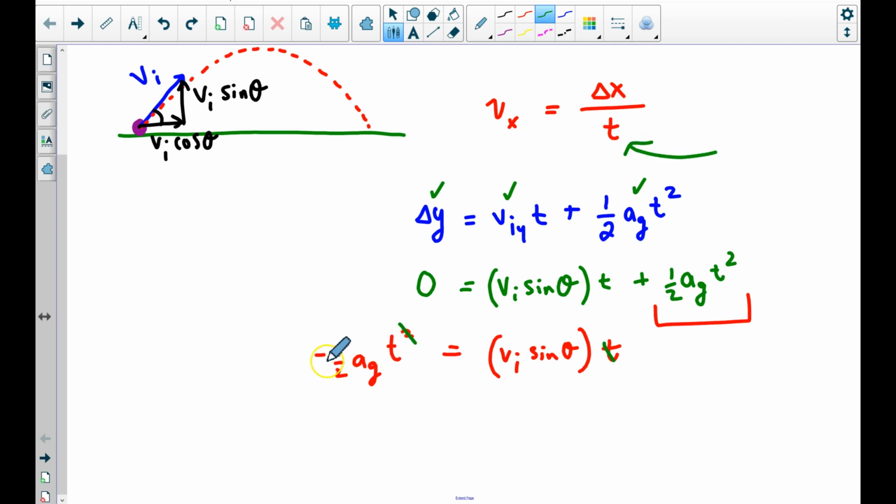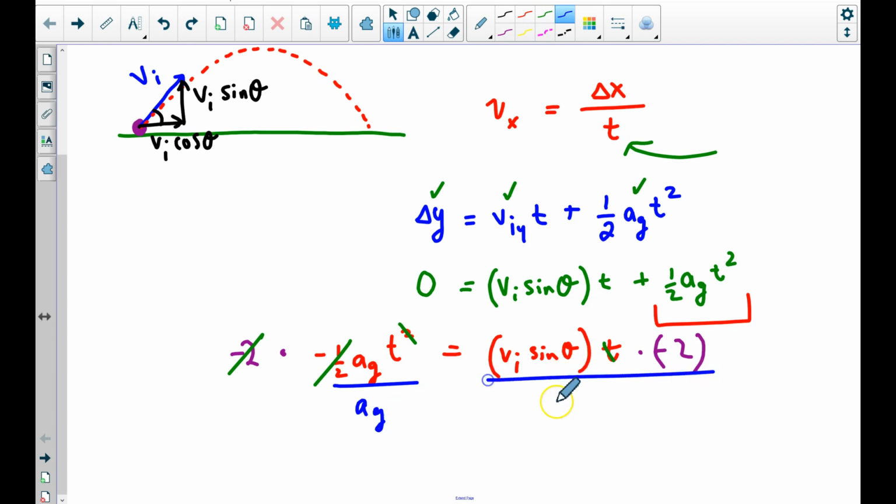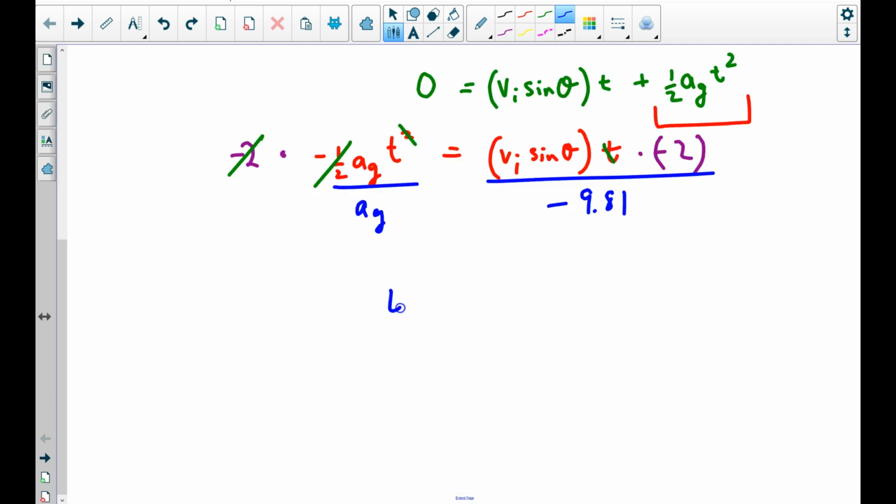So to isolate t, we have to get rid of these things. So I'll multiply both sides by negative 2, and that cancels out my negative 1/2. And finally, I'll divide both sides by the acceleration due to gravity, which we know is negative 9.81. Here's what the equation looks like.